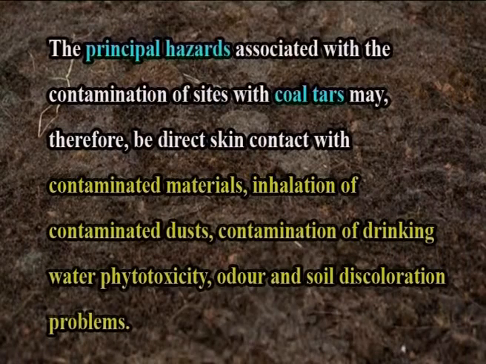The principal hazards associated with the contamination of sites with coal tars may therefore be direct skin contact with contaminated materials, inhalation of contaminated dusts, contamination of drinking water, phytotoxicity, odor and soil discoloration problems. Other contaminants: asbestos, combustible materials, gases like methane, carbon dioxide, hydrogen sulfide, carbon monoxide, sulfur dioxide.